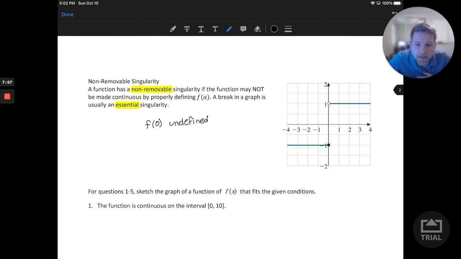There's no way to force that function to be continuous over that point x equals 0. And so we'd say this is a non-removable or an essential singularity. There's no way to change that by augmenting my graph with a point.